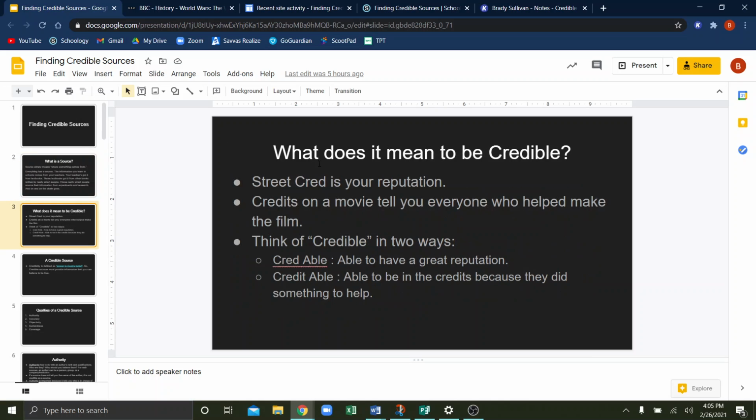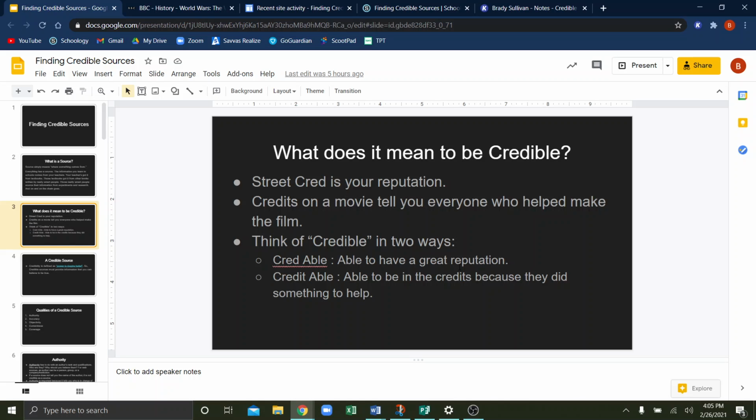What does it mean for something to be credible? I want you to think of credible in two different ways. Street cred is your reputation, okay? And credits in a movie tell you everyone that helped make that film. So think of credible like able to have street cred, able to have a great reputation.